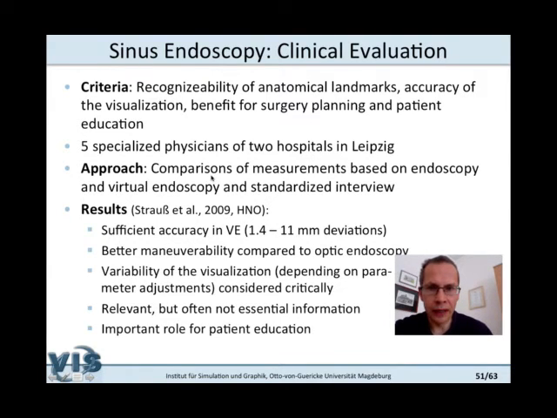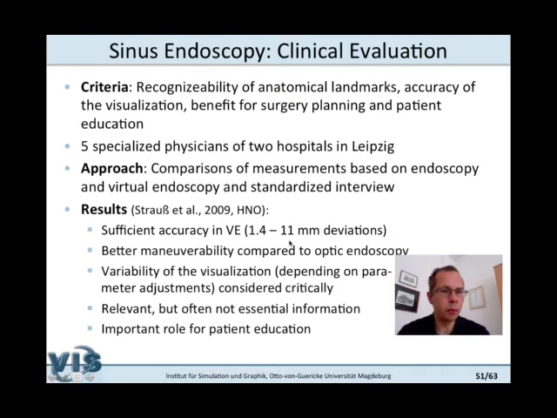So we compared also measurements that were taken on real and virtual endoscopic views. Gero Strauss was the leading physician on the Leipzig side, and in the following I briefly comment on some results that he used for his publication in the ENT Surgery journal. So the accuracy of measurements was sufficient.